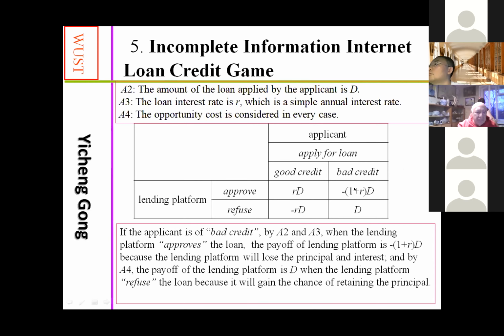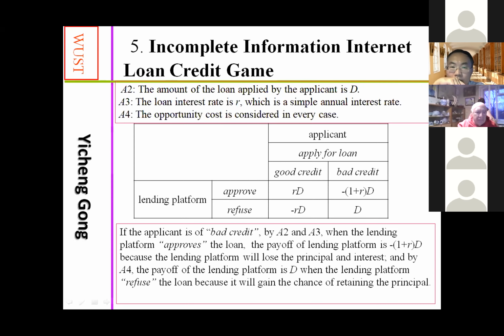So its payoff is -(1+R) times D. But if the lending platform refuses the application of a bad credit applicant, then the lending platform will avoid the loss of amount D. So in this case, the platform will get the payoff D.